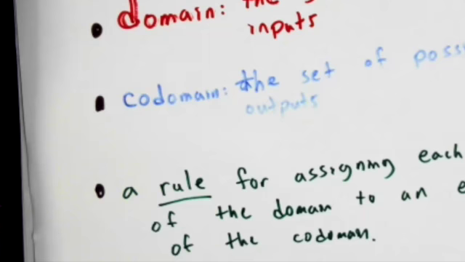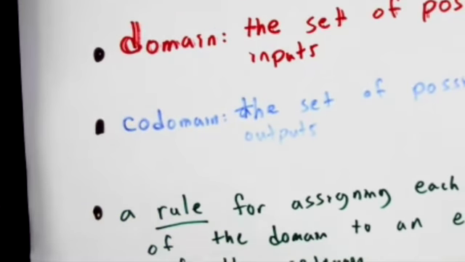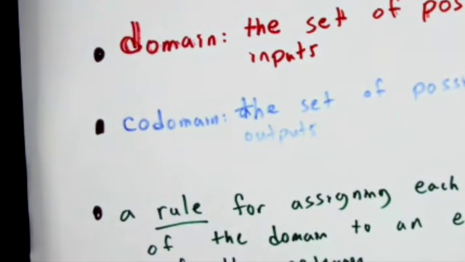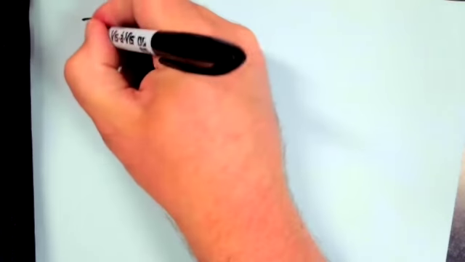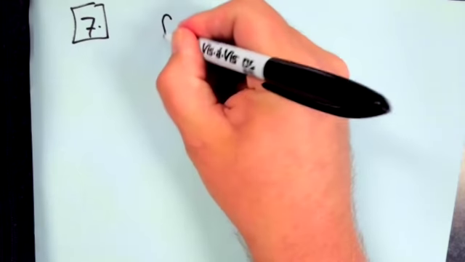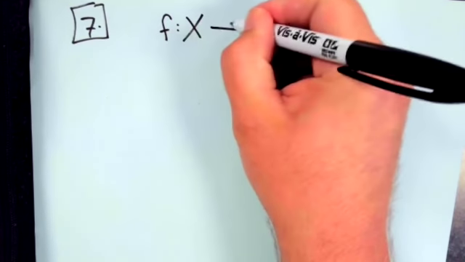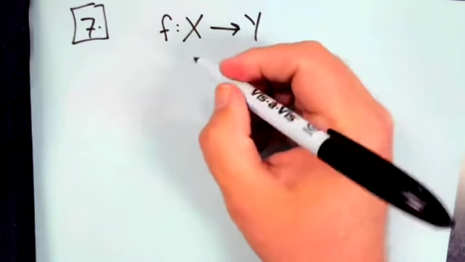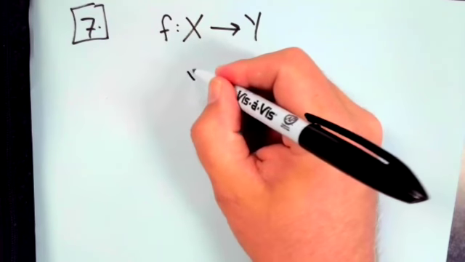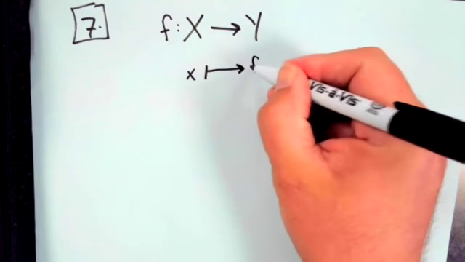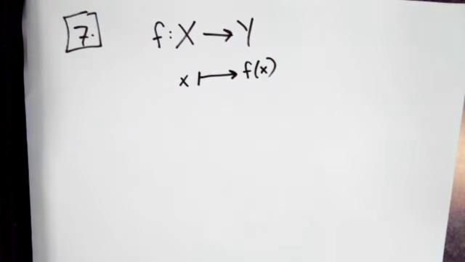So the way we do this mathematically, well, there are different ways to do it. One way that you will see is this pattern. You have the symbol for the function, you have the domain going to the codomain, and then you have what it looks like when you actually map to an element.